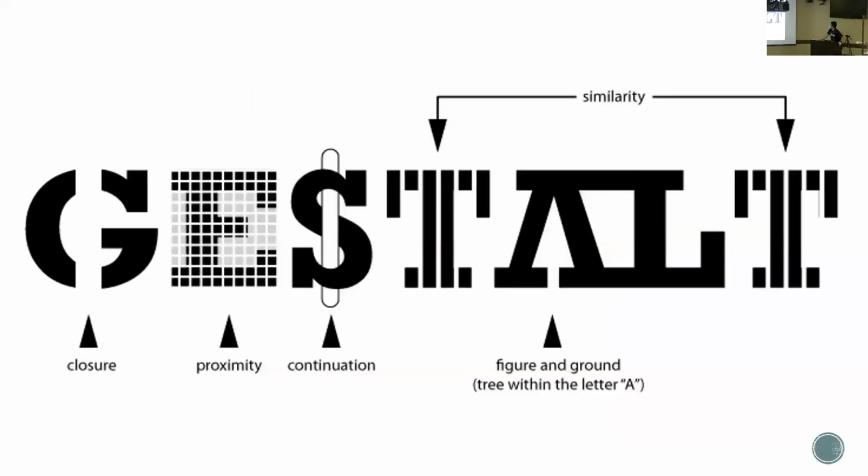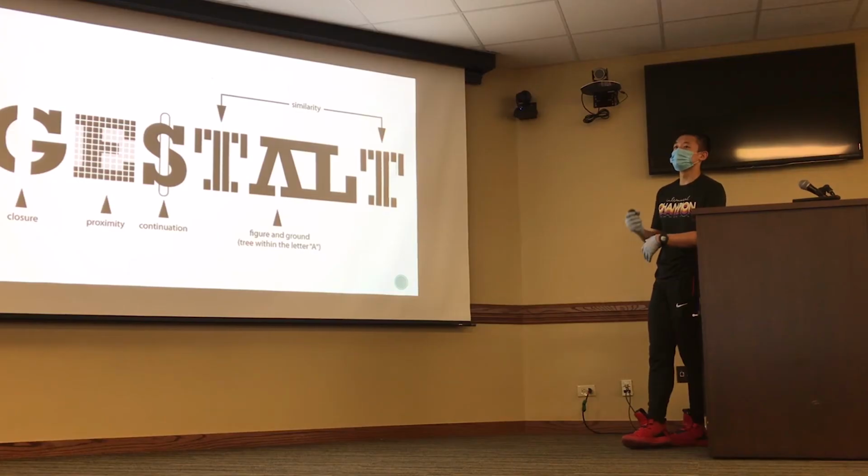Okay. So here is a graph to help you understand what the Gestalt principles are. So closure, proximity, we tend to group the same colors together. Continuation, right? And then similarity, figure and ground. Yes, Luis. For proximity, do you know what pixel art is?